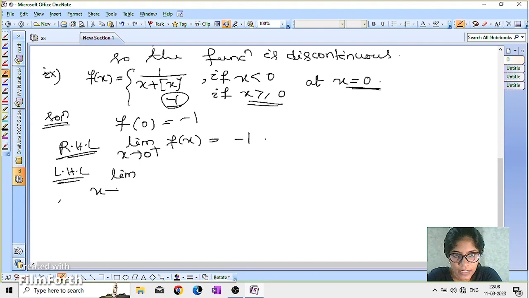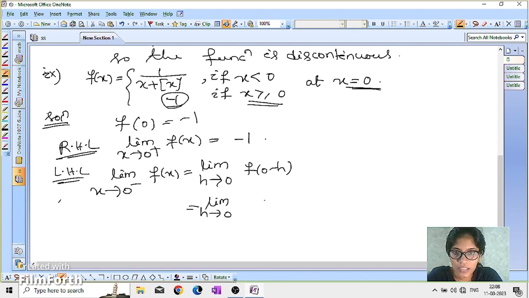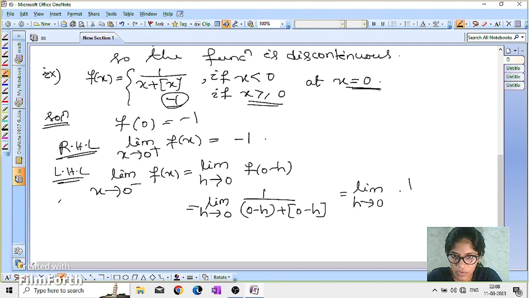limit x tends to 0 minus f of x, which is equal to limit h tends to 0 of f of 0 minus h, which means 1 by, in place of x we will put 0 minus h, plus the greatest integer function of 0 minus h, which is equal to limit h tends to 0 of 1 by minus h.